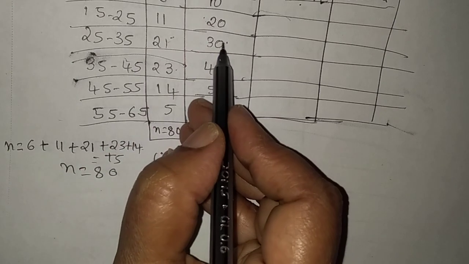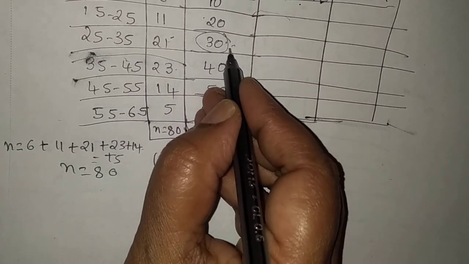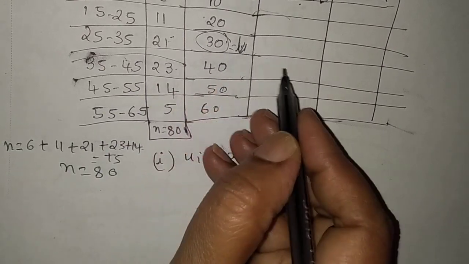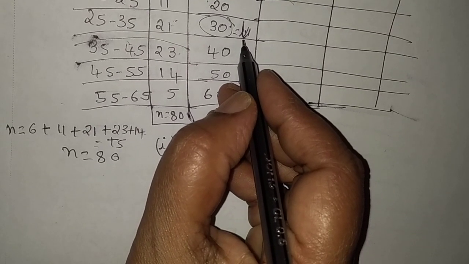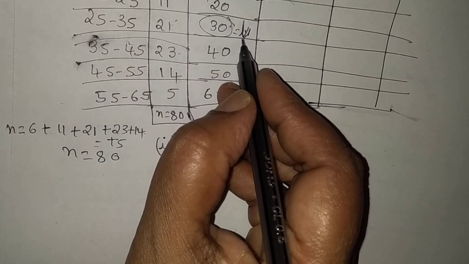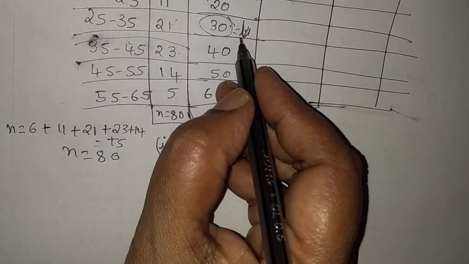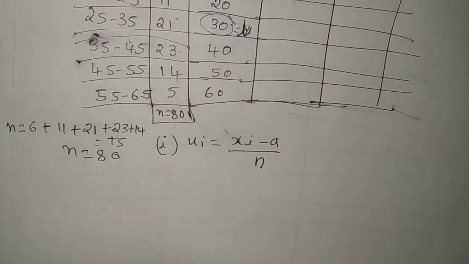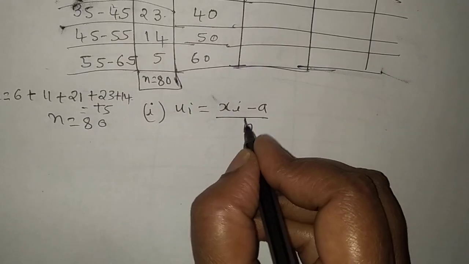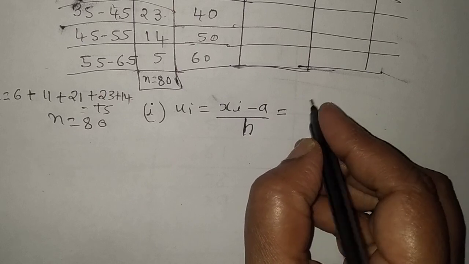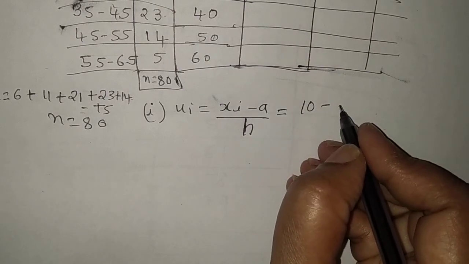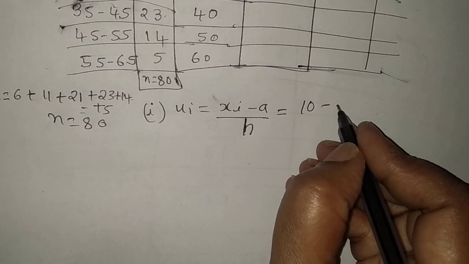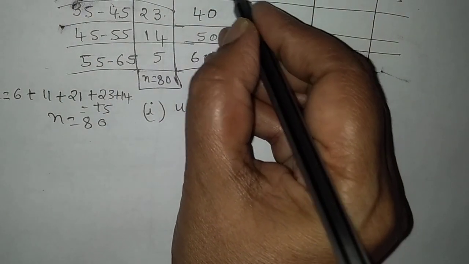Now we are taking 30 as a. Now remaining xi is 10 minus what is a.